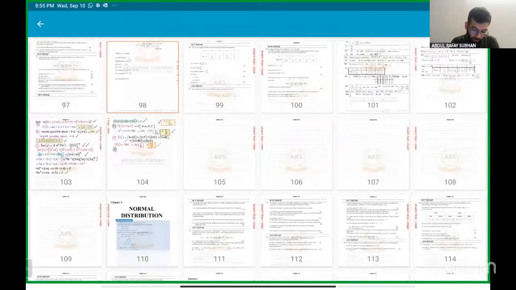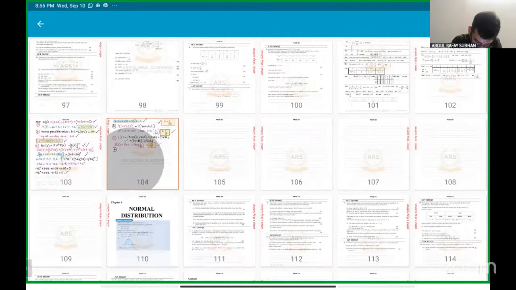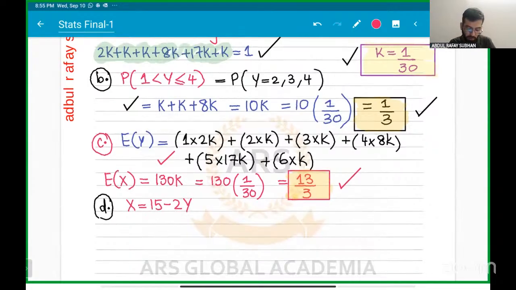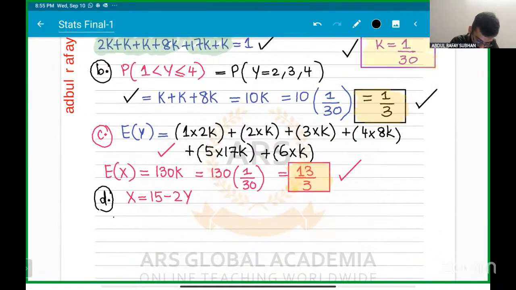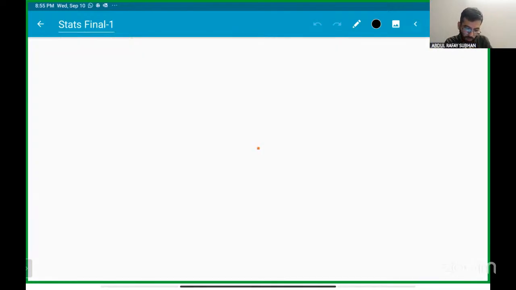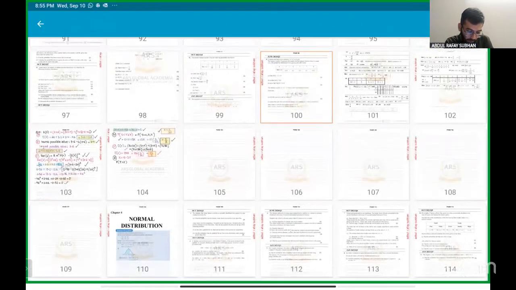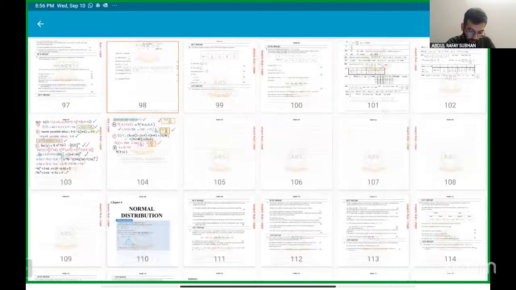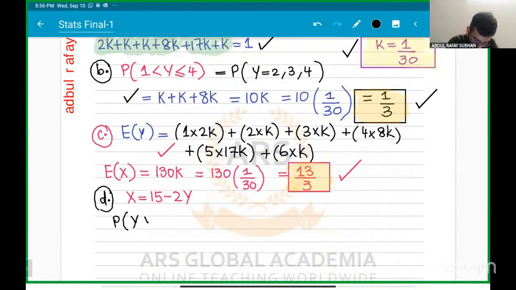X is equal to 15. This is coding. X is equal to 15 minus 2 times Y. Is everyone getting it? The examiner wants us to find the probability of Y is greater than or equal to X. What you need to understand is that you have to get the numerical value.